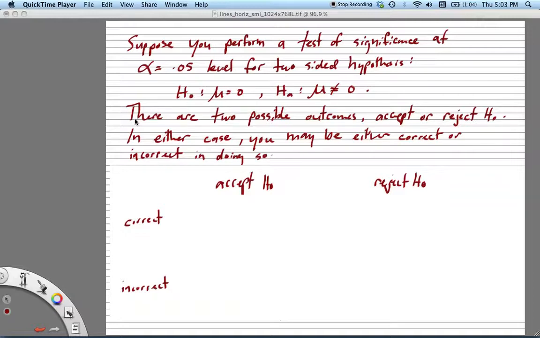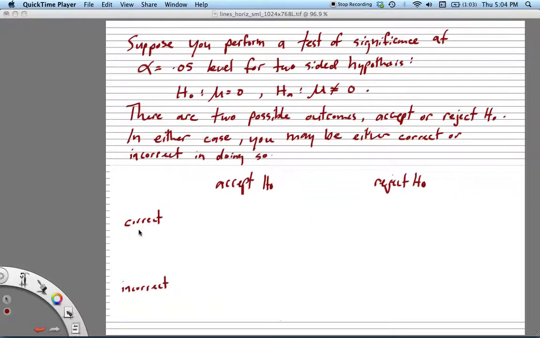So if your p-value is less than 0.05, you would conclude that there's statistical significance there, and you would reject the null hypothesis. And if it was greater than 0.05, you would be stuck accepting your null hypothesis, even if that's not really what you want to have happen. So those are the two outcomes to a significance test. These are the only two conclusions that you're going to draw. You're either going to accept it or you're going to reject it.